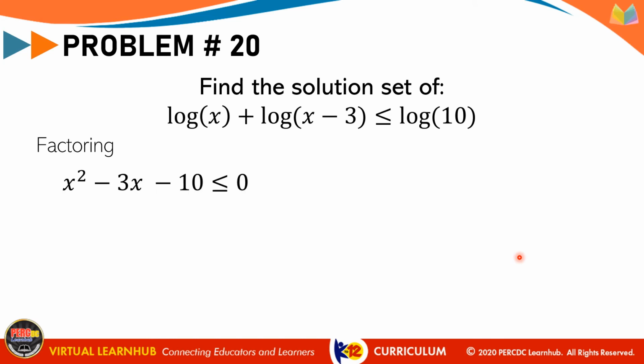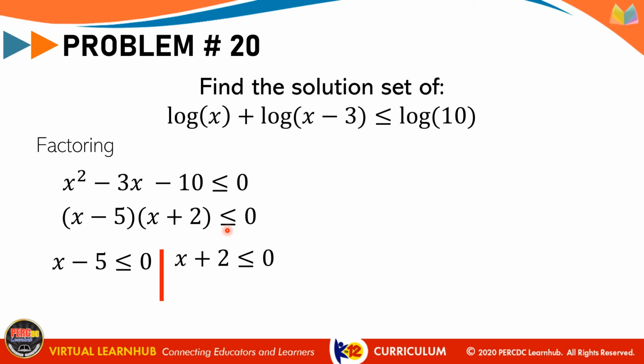By factoring x squared minus 3x minus 10, we will have x minus 5 times x plus 2. Both are less than or equal to 0. So we will have x minus 5 is less than or equal to 0, and x plus 2 is less than or equal to 0. And that will give us x is less than or equal to 5, and x is less than or equal to negative 2.